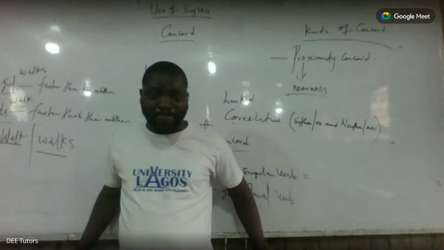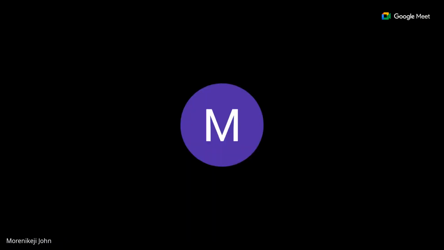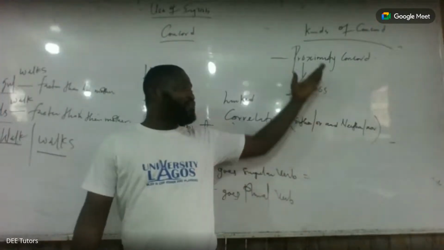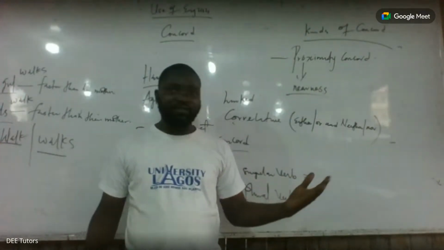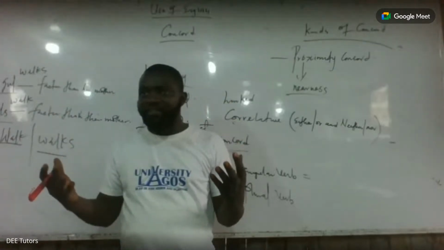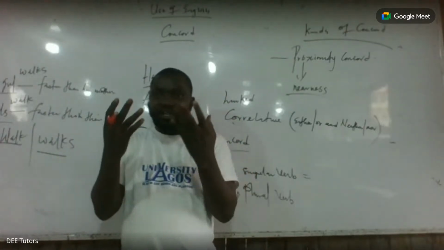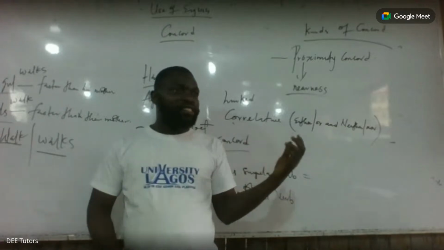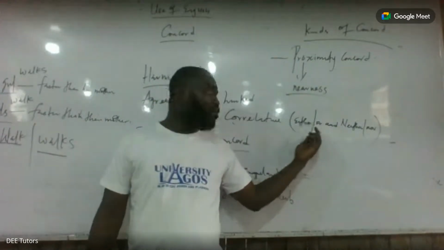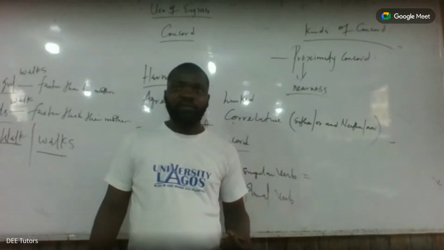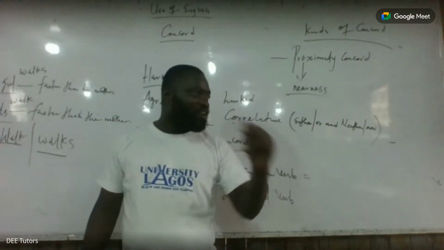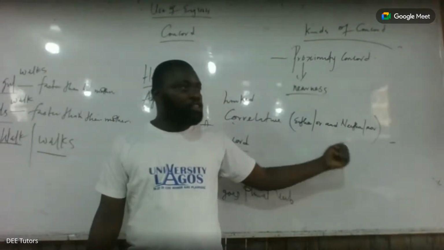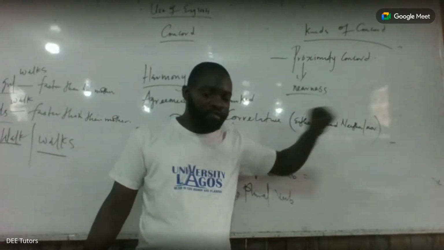Is that clear? Yes, sir. As the name implies, proximity concord. Anytime you see that a subject of a sentence is linked by the correlative conjunction either or, neither nor, the verb to be used will be determined by the subject that comes after or, or the subject that comes after nor. Let me give you an instance.